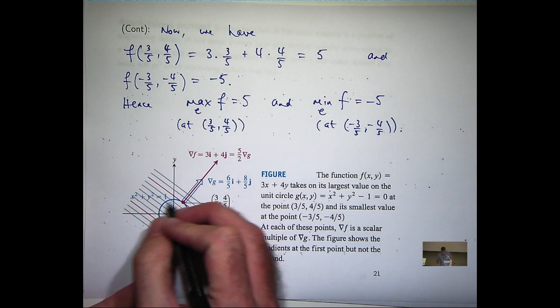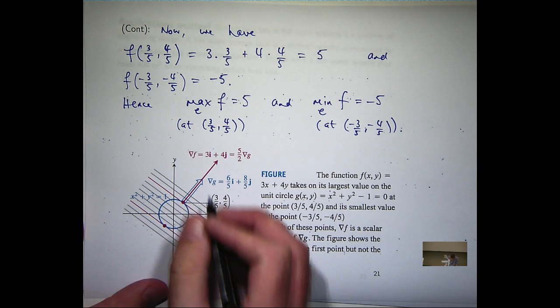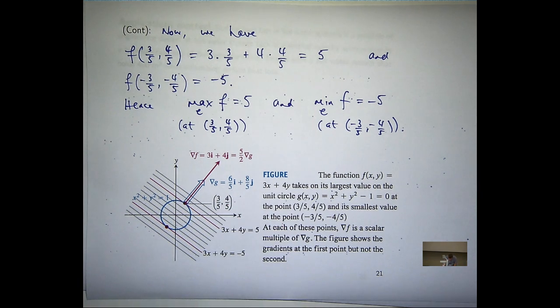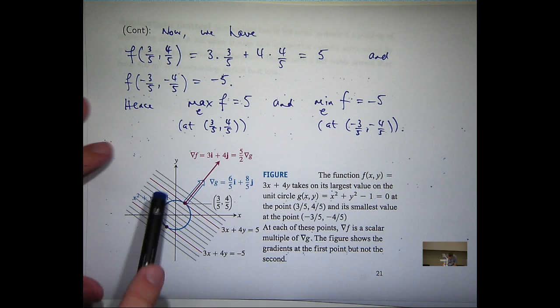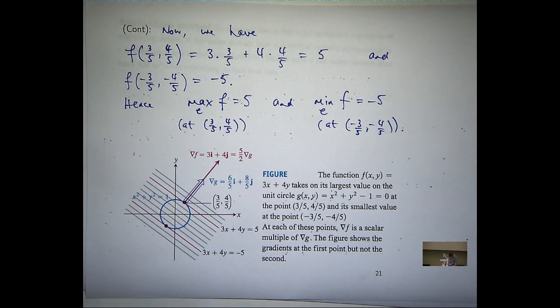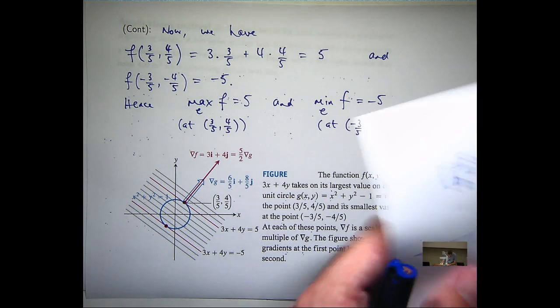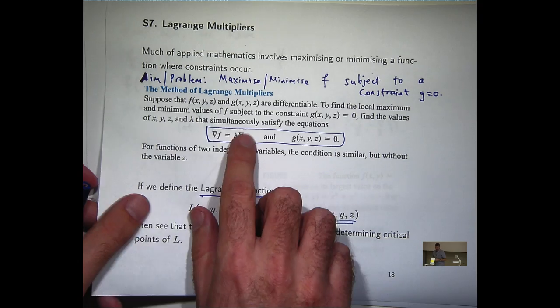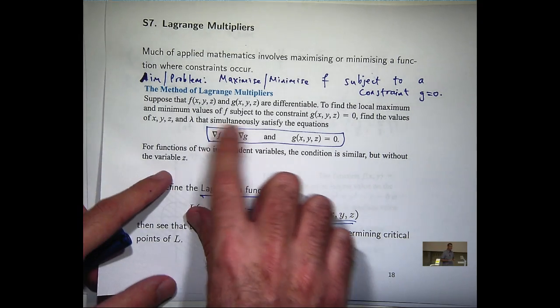Here we've just drawn in the circle, so that's the constraint equation, or the curve associated with the constraint equation. And in this picture, at least, a few of the level curves of f on it. Now, let's go back to this particular equation here.